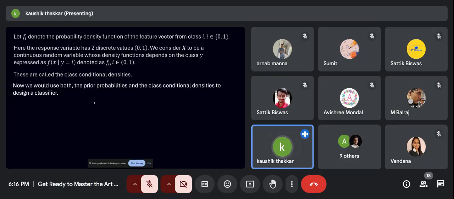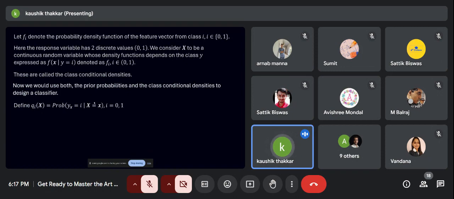Now we will use the prior probabilities and the class conditional densities to design a classifier. So we define a new quantity, q_i(x), that is nothing but the likelihood that, given we have a fish, it belongs to class i, right?